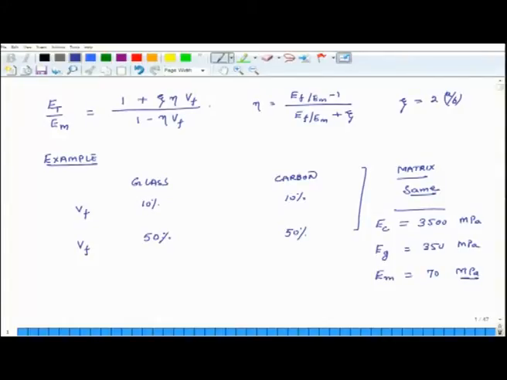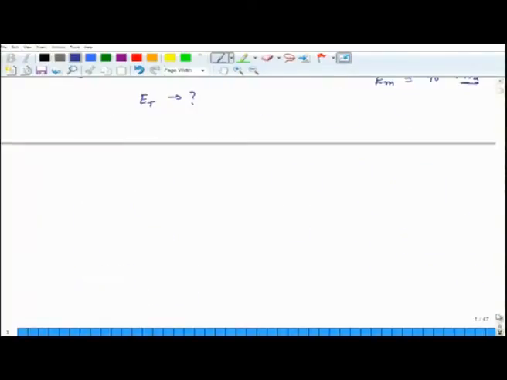For each of these composites, let us see what is the value of E_t. So, we have to find E_t for all these 4 different composites. We know that E_f over E_m is equal to 20.